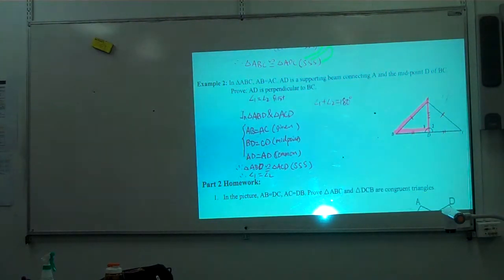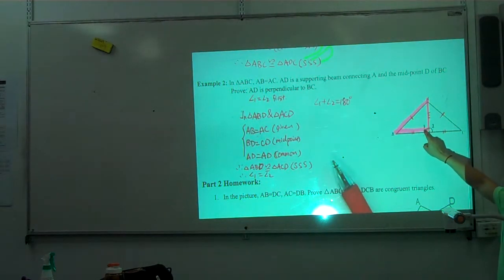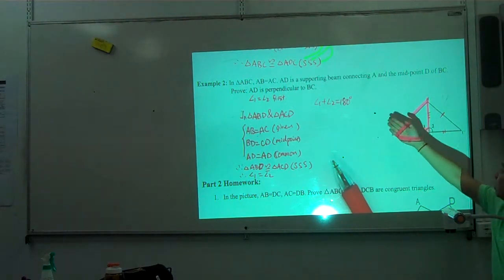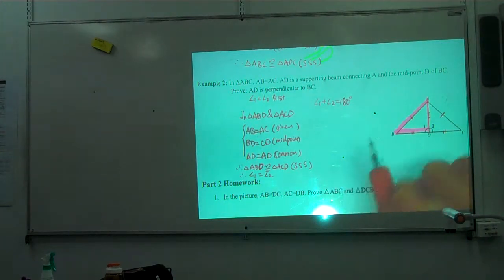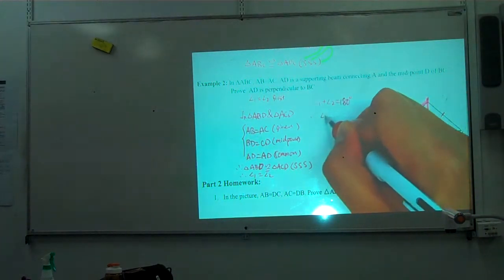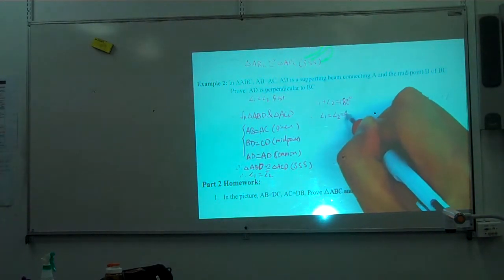That means one angle is half of 180. They are equal, so you halve. So angle 1 plus angle 2 equals 180, and they have to be equal. Only 90 is the answer. Therefore, angle 1 equals angle 2 equals 90.